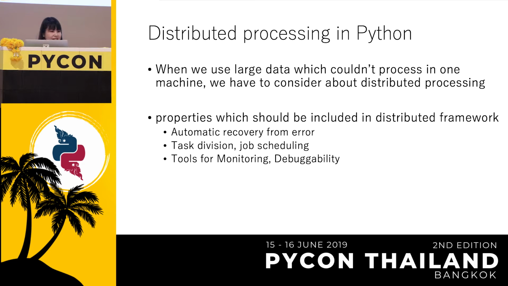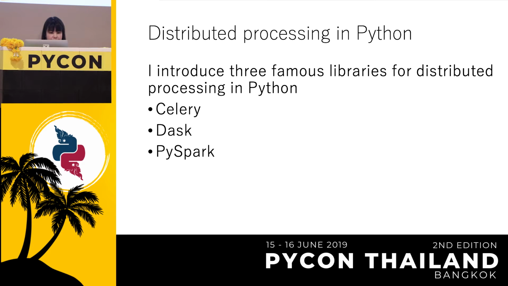It is not run on only one local machine. There are many distributed processing libraries which can be used from Python, but there is very little time, so I introduced only three libraries. They are all famous libraries in Python.